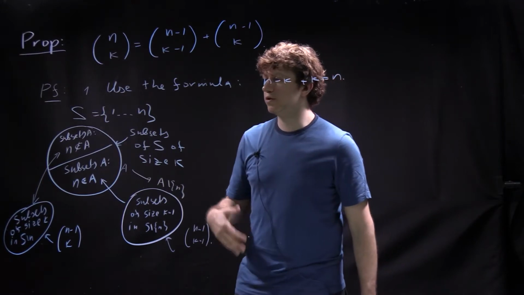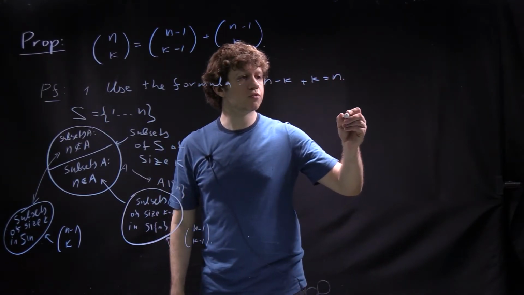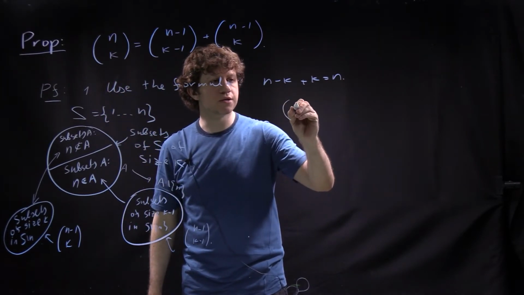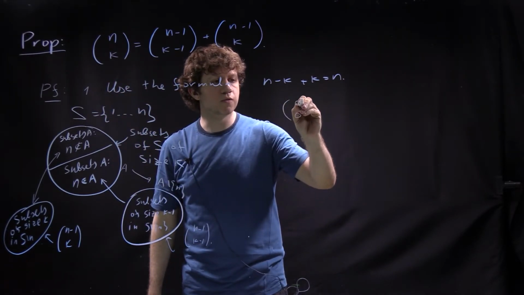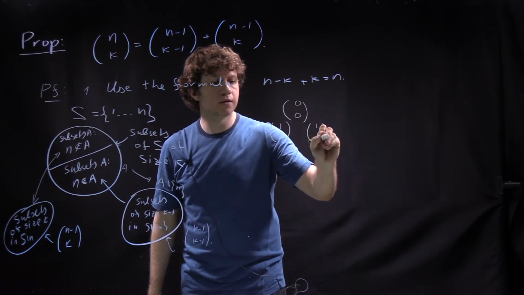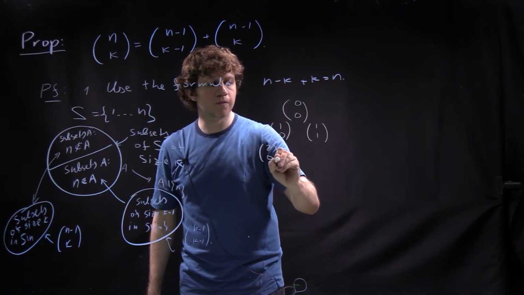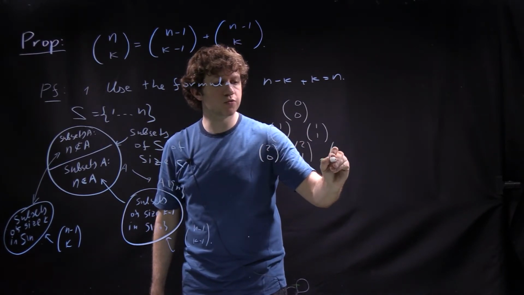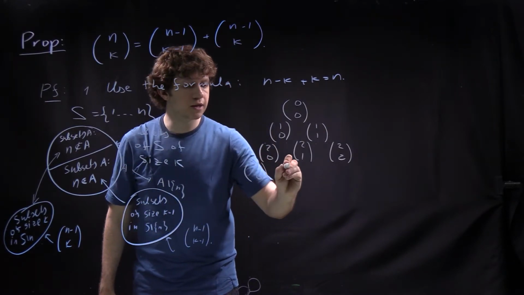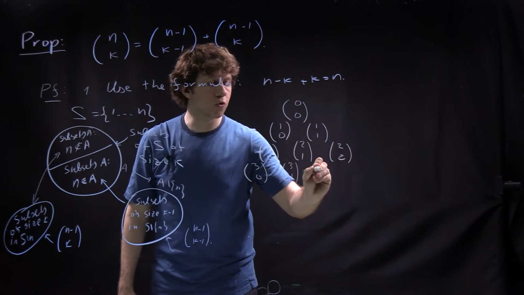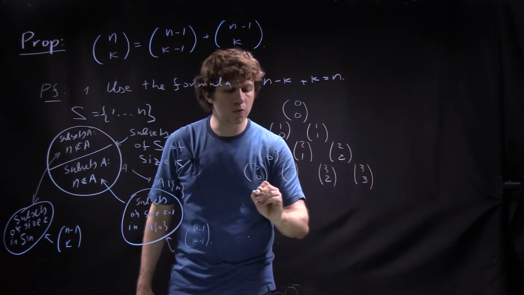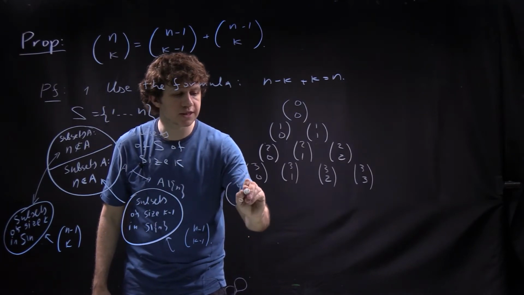And the usual way to picture it is to just draw all these binomial coefficients one under the other. So 0 choose 0; 1 choose 0, 1 choose 1; 2 choose 0, 2 choose 1, 2 choose 2. So I draw a certain triangle, which is called Pascal's triangle. And in each row, I draw all binomial coefficients, so all numbers of subsets of certain sizes.